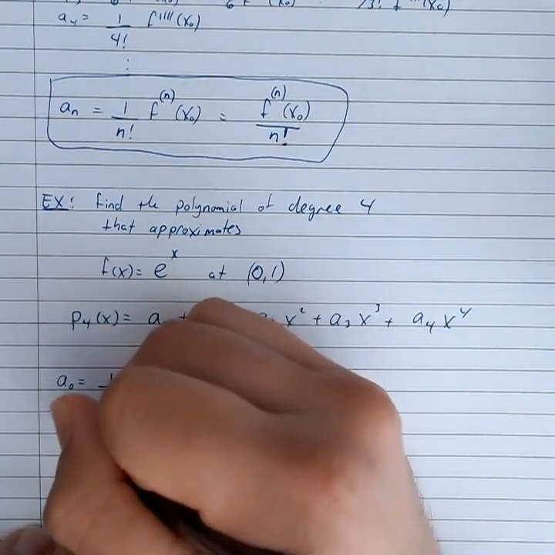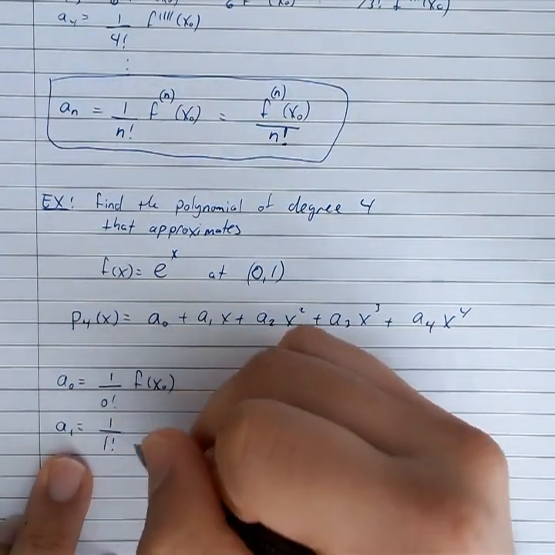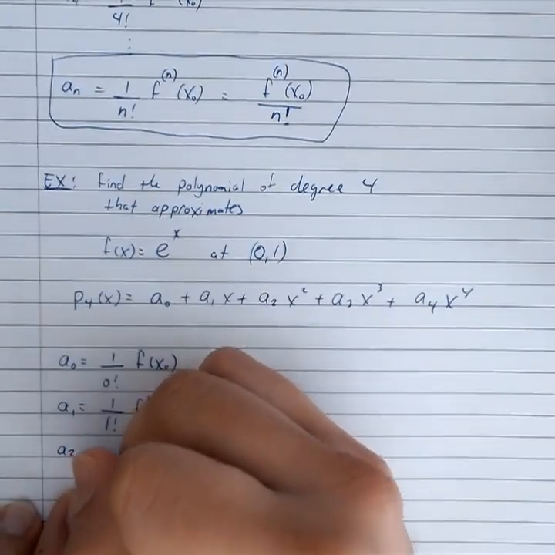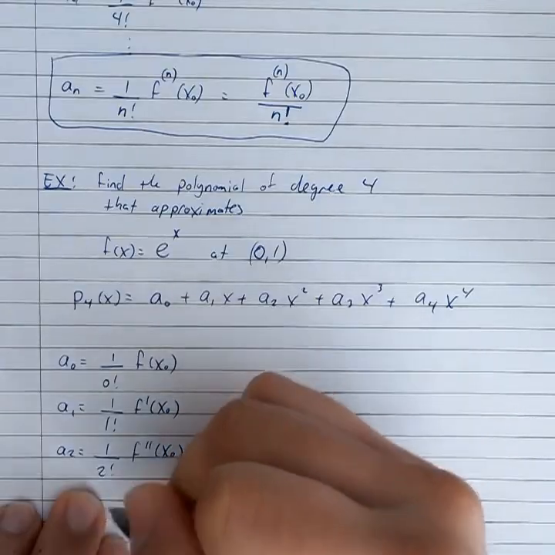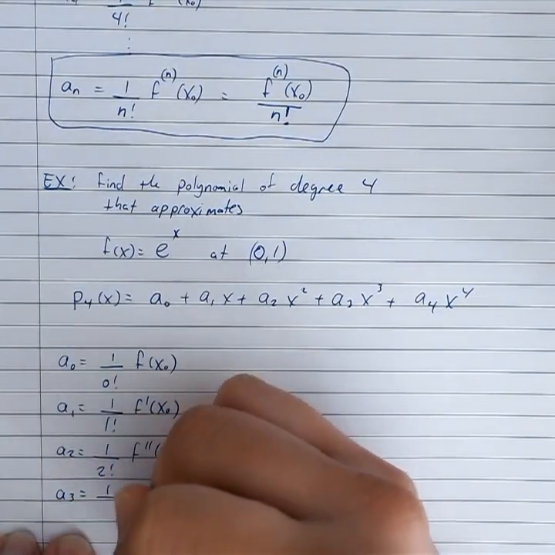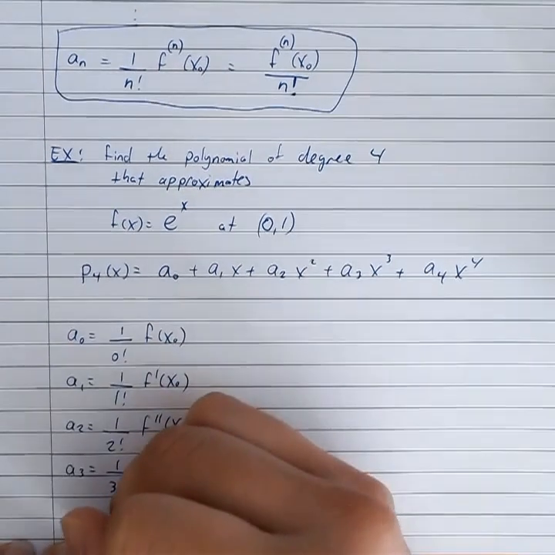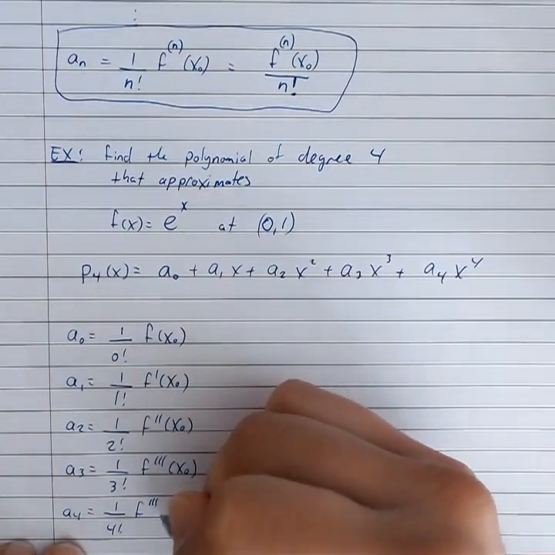The first coefficient, a sub 1, is going to be 1 over 1 factorial times the first derivative. A sub 2 will be 1 over 2 factorial times the second derivative. A sub 3 is 1 over 3 factorial times the third derivative. And a sub 4 is equal to 1 over 4 factorial times the fourth derivative.